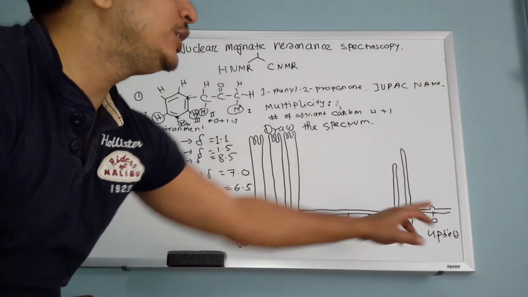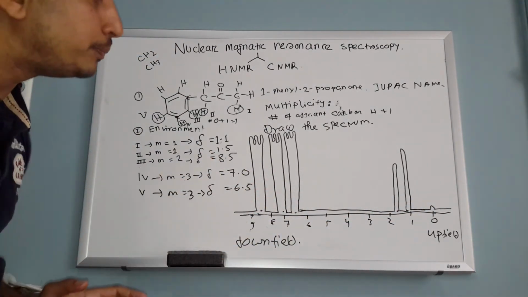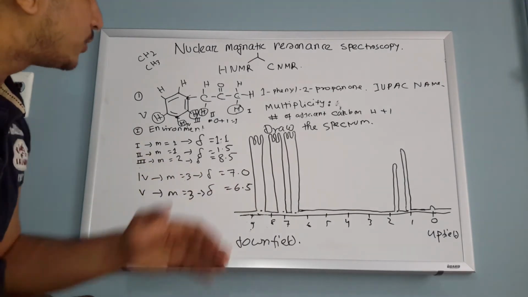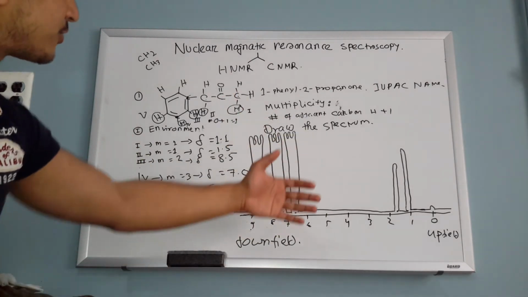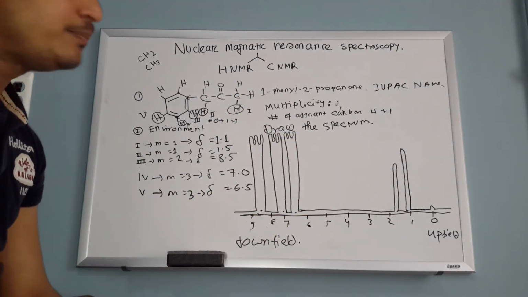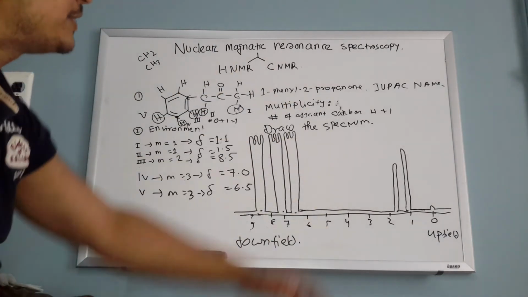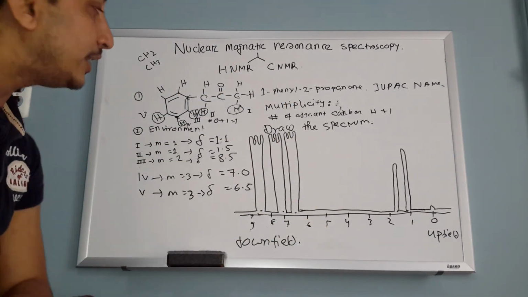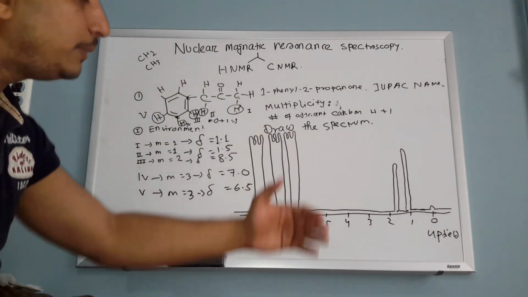And at 0, you have a very small peak. Then we figure out how you can draw your spectrum. The main important thing is to find out the environment. If you find out the environment, then you can find out the multiplicity.